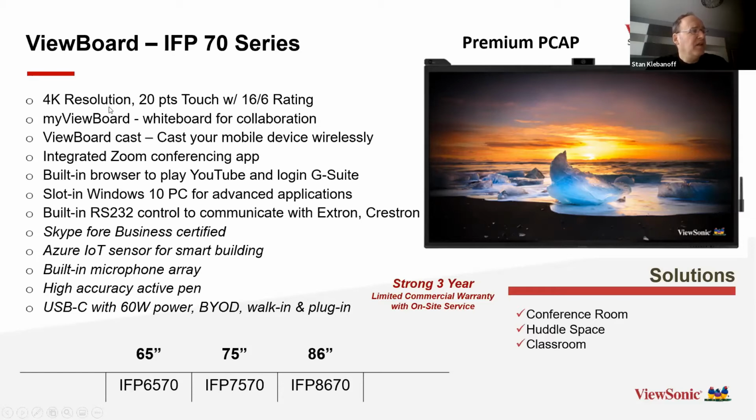Again, 4K resolution, 20-point touch. This time it's got active pens for capacitive use. So it comes with two pens with a charger on the side, built-in camera, built-in IoT sensor.